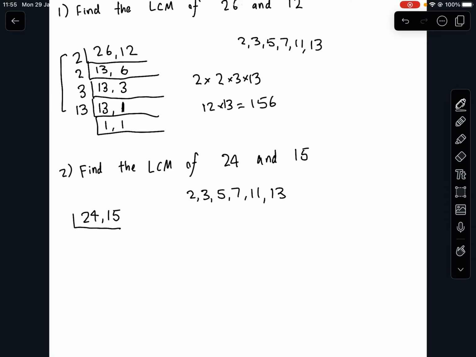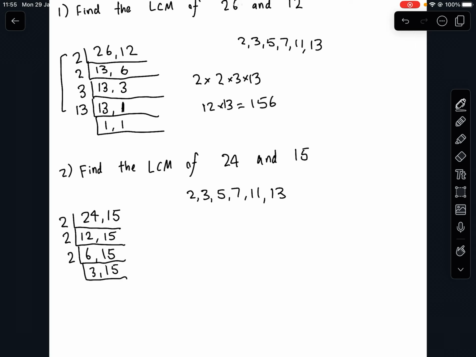What's the smallest prime number that divides into any one of them? We have 2, because 24 is divisible by 2. 24 divided by 2 gives us 12. 15 is not divisible by 2, so we keep the 15. Now we can divide 12 by 2 again, and we get 6 and 15. Divide 6 by 2, and we get 3 and 15.